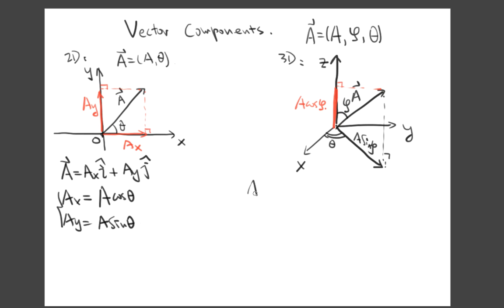So AX is this length, A sine phi, then times cosine theta. AY component equals A sine phi sine theta. That's the Y component. And Z component equals A cosine phi.